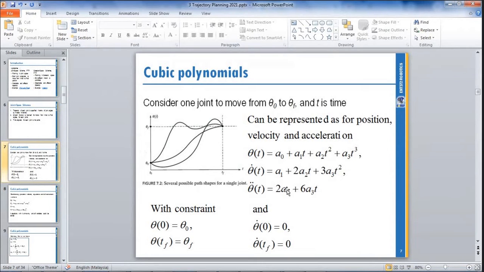So you get 2a2. Then for t power of 2, you put 2 in front, so you get 6: 2 multiplied by 3 is 6, a3 with t power of 1. You can just write t.